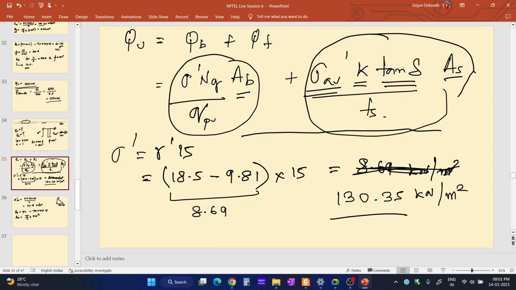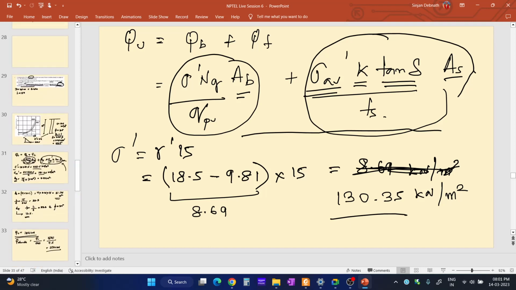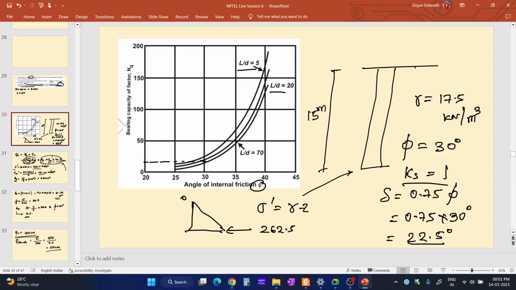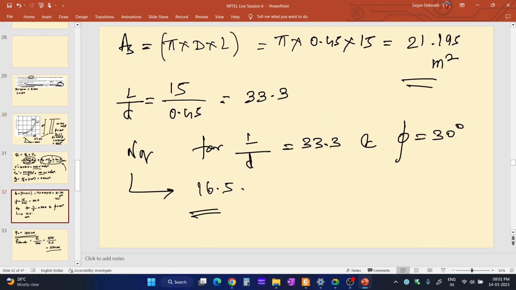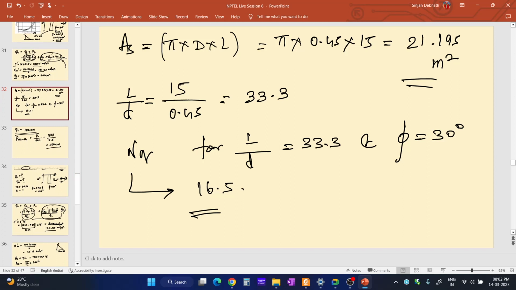From that graph, because NQ depends only on phi and L by D. L by D is how much? L is 15, and D is 0.45 meter.